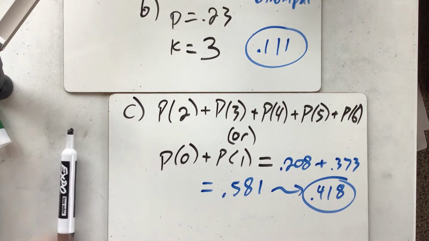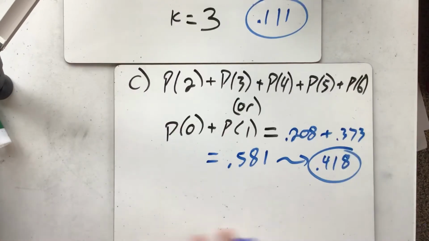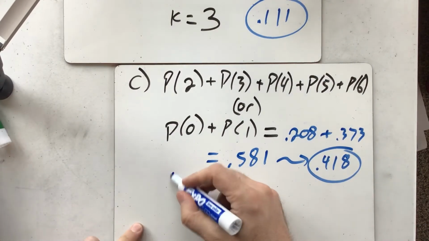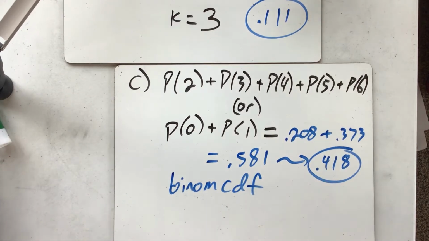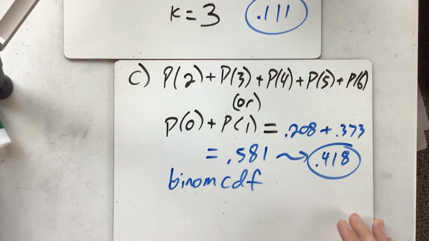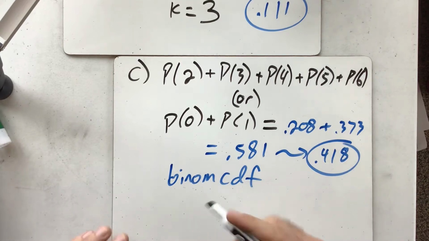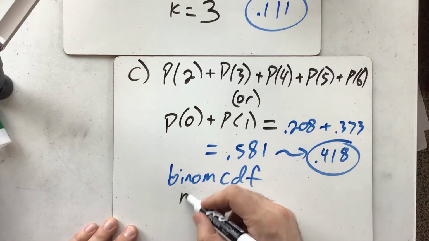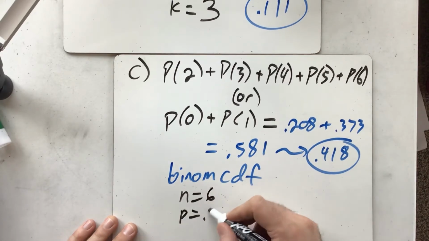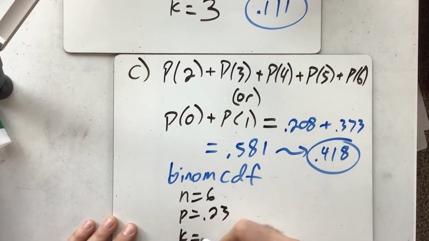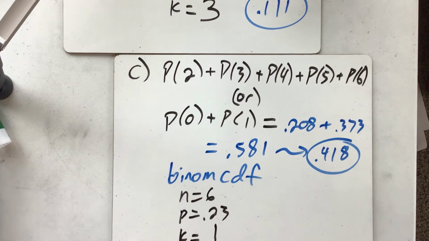Finally, there's one last option we could have done. And the last option was we could have used the binomial CDF command. And if we wanted to use the binomial CDF command, what would I have done? I would have done n equal to 6, p equal to 0.23, and k equal to 1.